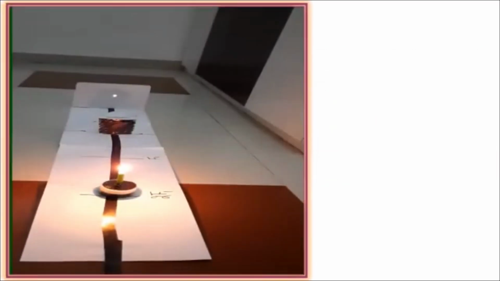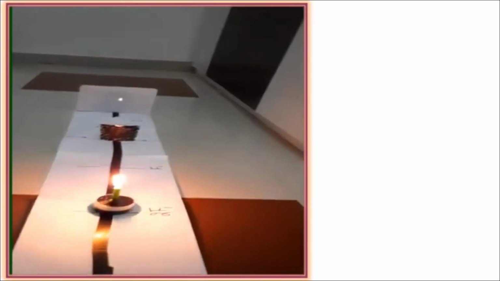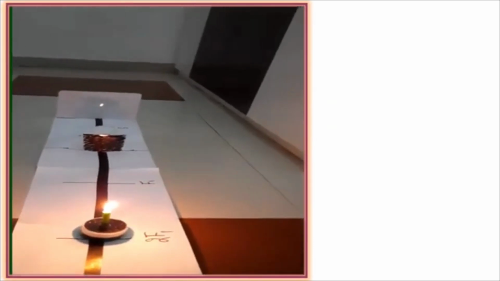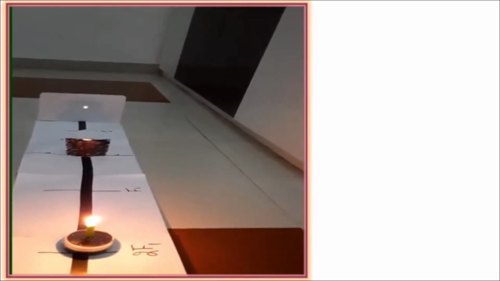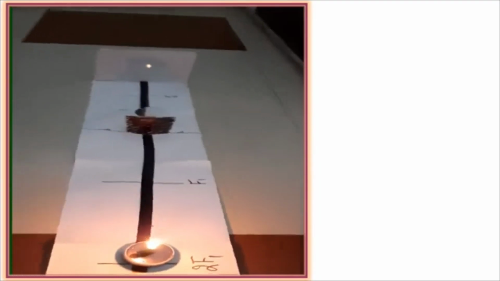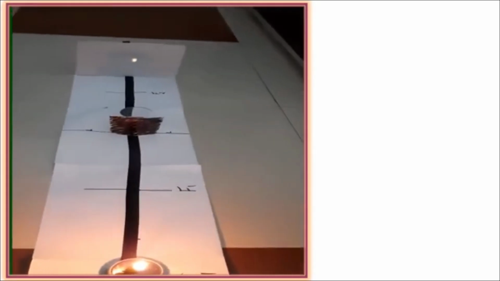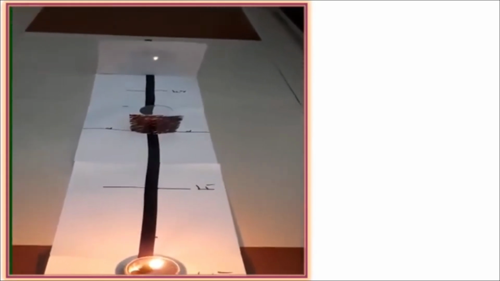Next, I have shifted the candle, that means our object, to 2f1. See, and I observe that a sharp inverted image of the candle flame is being formed on the screen on the other side, and it is an inverted image, real image, and it is the same size as the object.